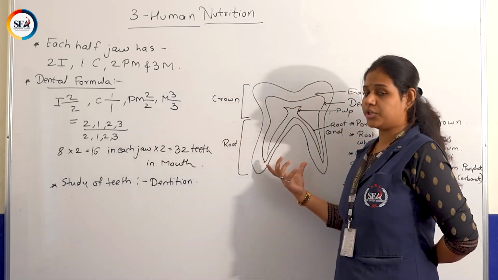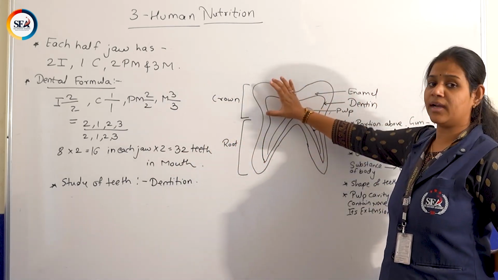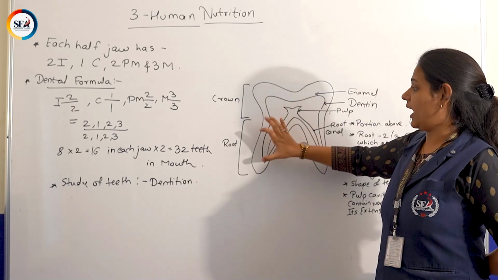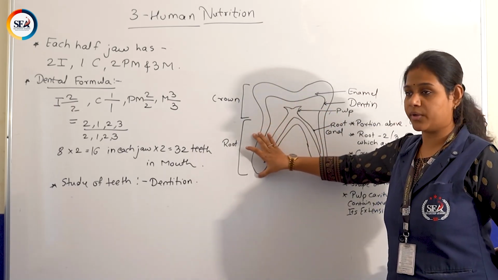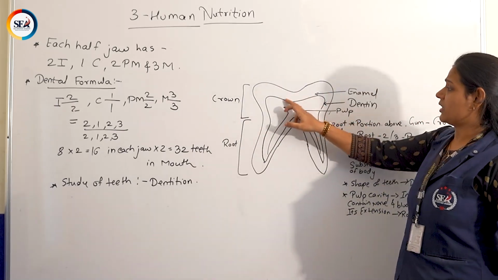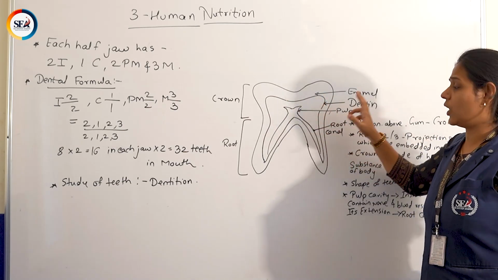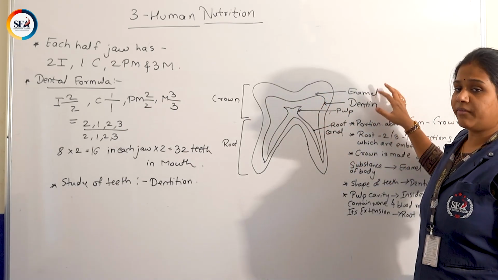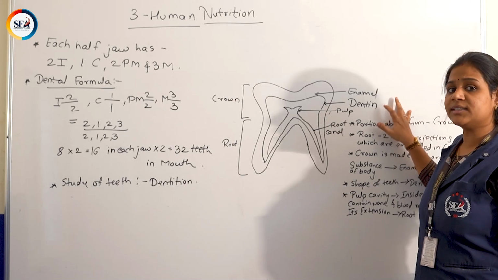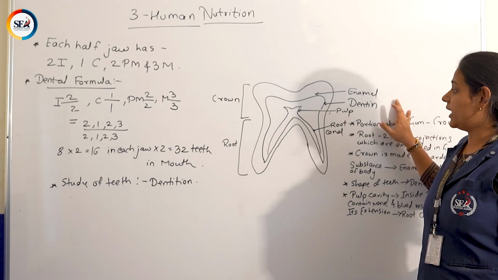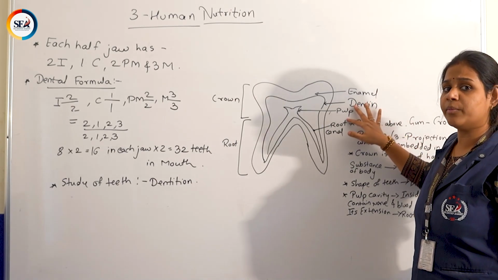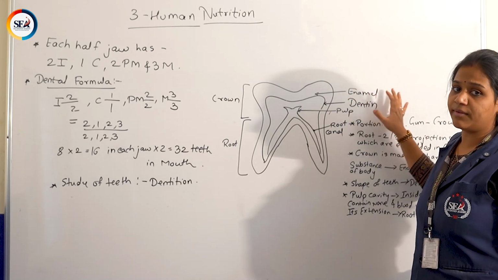If we see the structure of a tooth, we will see 2 parts. The upper part is called the crown and the lower part is called the root. The hardest part of our body is the enamel, inside which is present the dentine, which decides the shape of our teeth. Inside the dentine there is a pulp which encloses the pulp cavity within it.